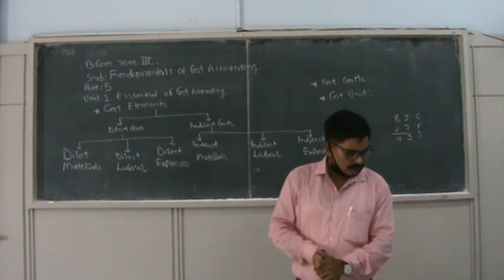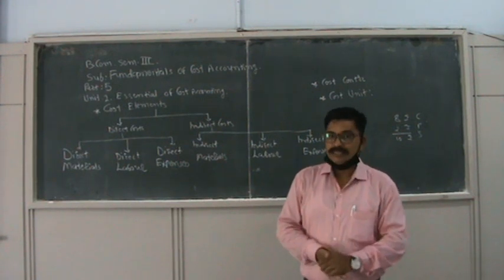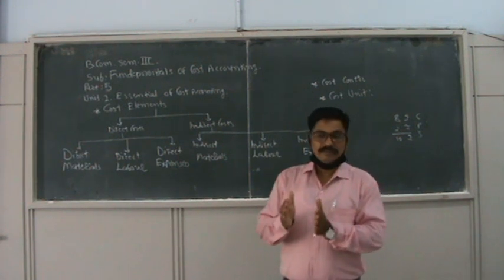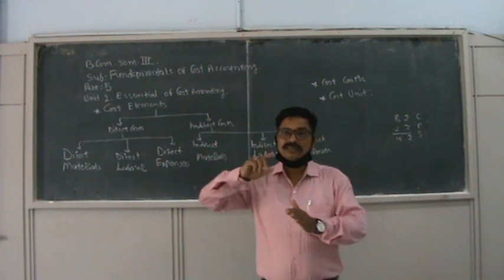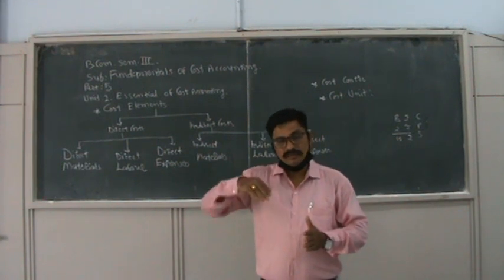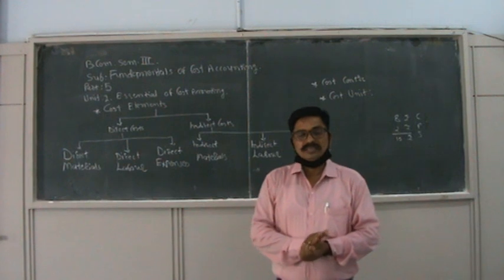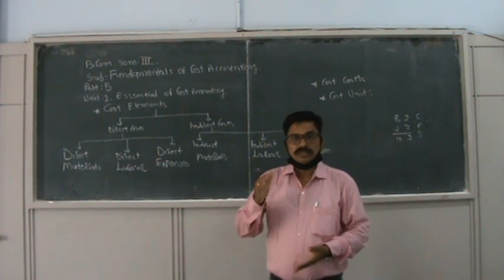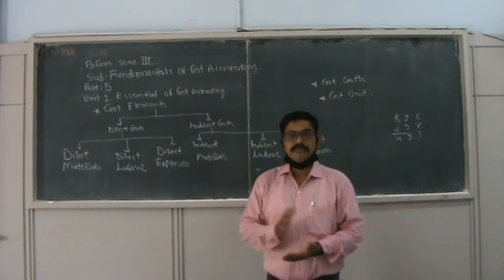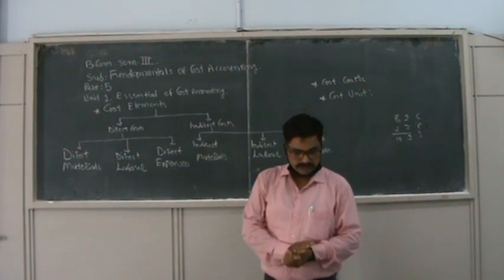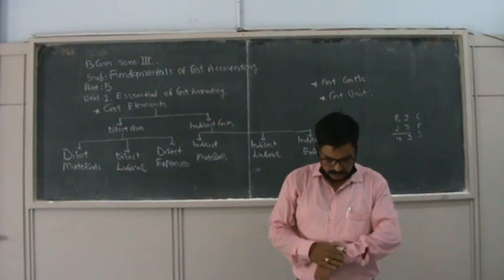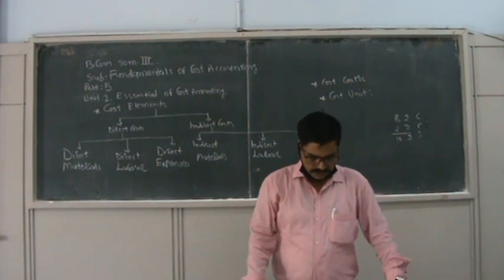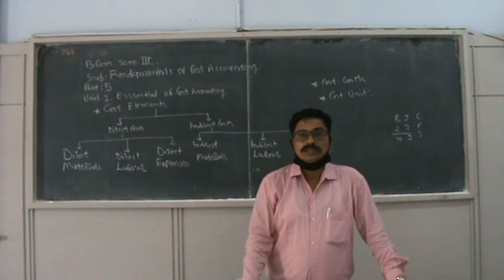For example, in the cement industry, per bag of cement is the cost unit. Or for a big quantity, the cost unit is per ton of cement. That is the normal cost unit for cement.